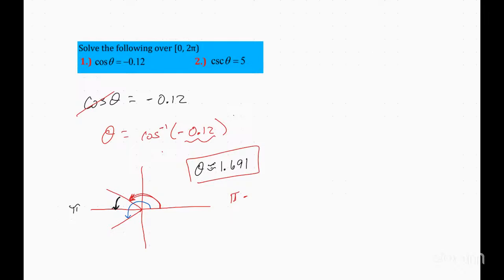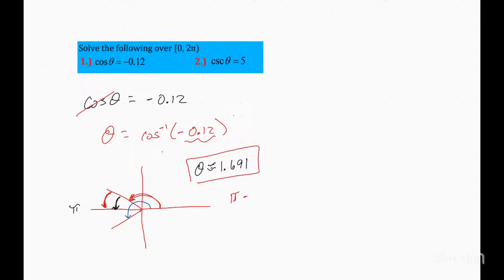That gives you your reference angle. And then you want to add pi back to that. You want me to add pi to the one I just subtracted to?